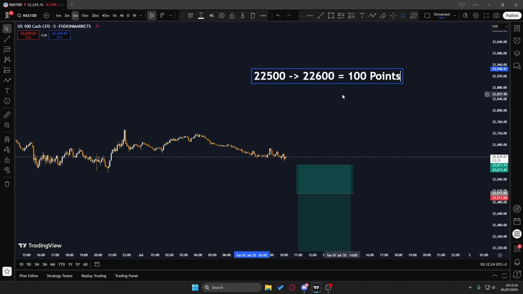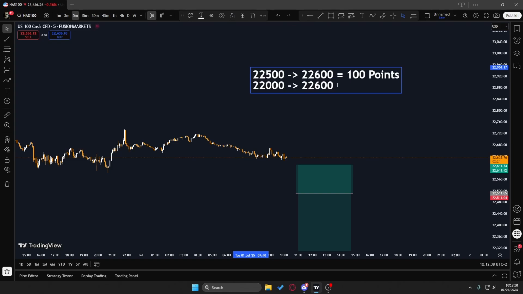If your second position is now at 22,000, but you still have the same target at 22,600 because you obviously believe that it's going to go back up to that, now all of a sudden you're making 600 points. And the next one might be at 21,500, but now the same 22,600 very quickly turns into 1,100 points.